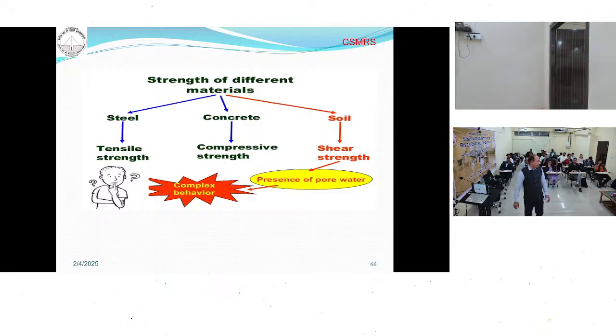So what is over consolidation? In the past, the soil might have experienced some heavy vehicle or heavy load, so whatever load you are applying for the consolidation, it has experienced a higher load before that time.